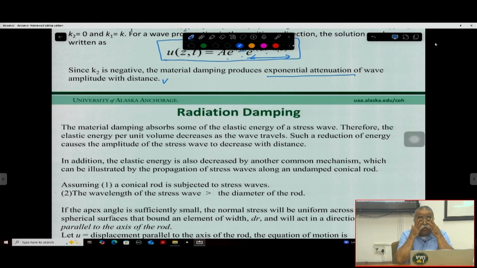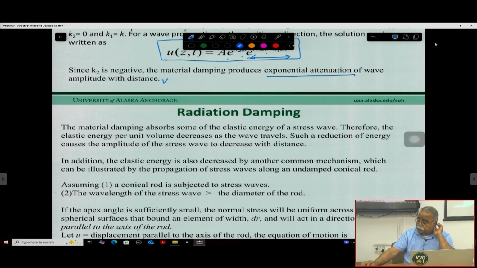So this is a type of geometrical spreading, right? That means as it propagates from one point, it gradually decreases, no matter what has happened to the other types of damping. If it travels from the spherical wavefront to the cylindrical wavefront, there is gradually a geometrical spreading, right?